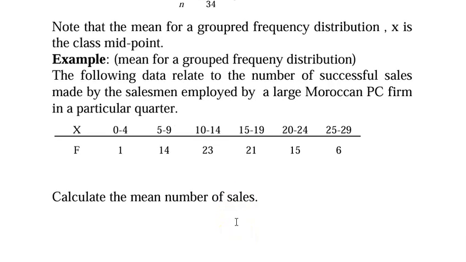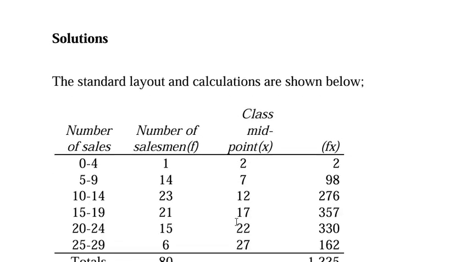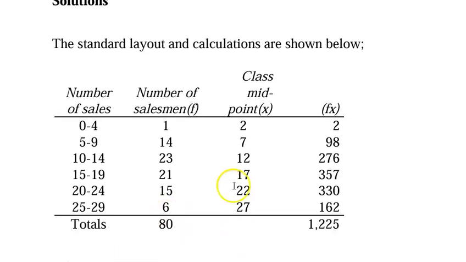So this is grouped data. For grouped data, this is what we do. We were told that to calculate the mean for frequency distributed data, we say the sum of f of x over n. So we need to find fx, the product of frequency and x.